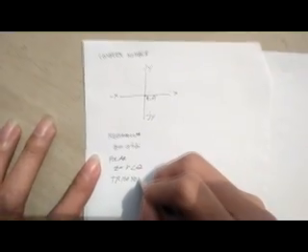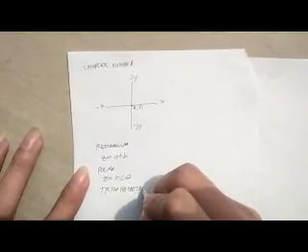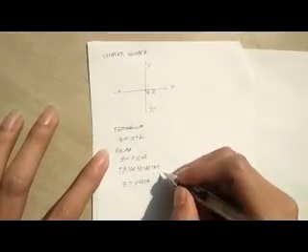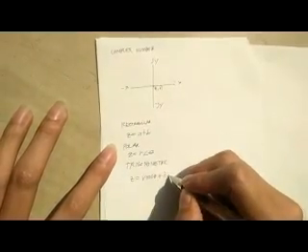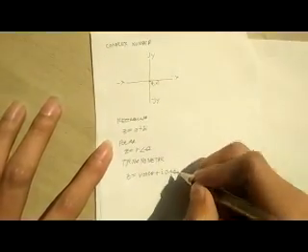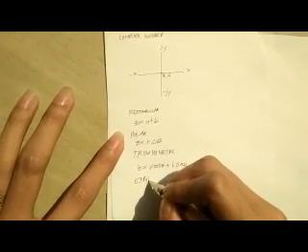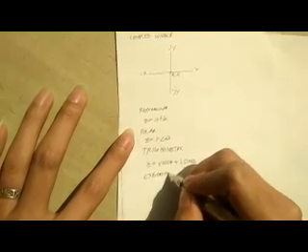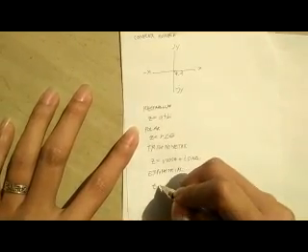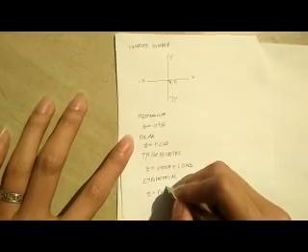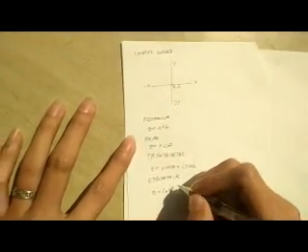Trigonometric, where z is equal to r cosine theta plus j sine theta, and the last one is exponential, where z is equal to r e raised to j theta.